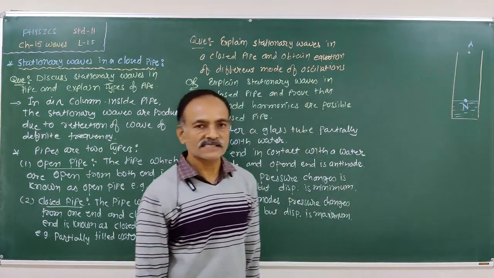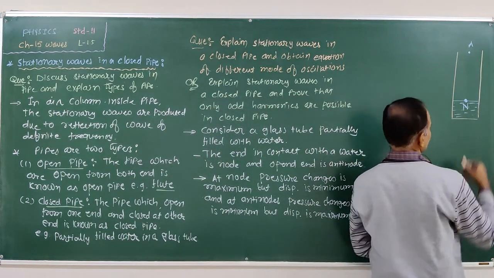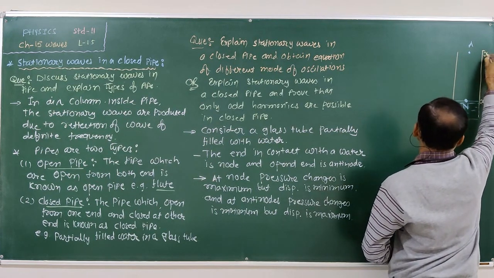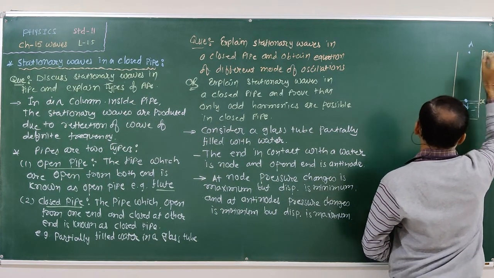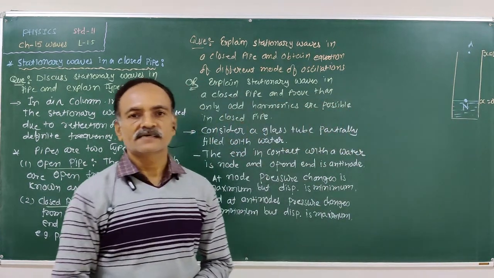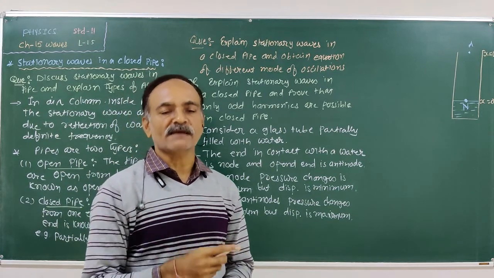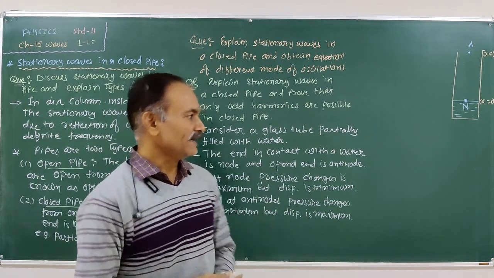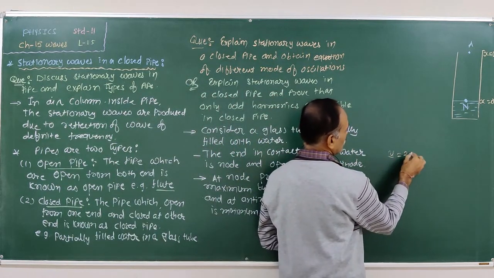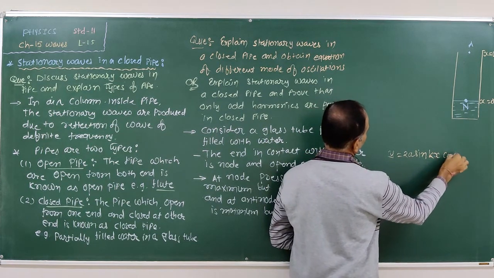Clear this? Okay. As we consider, this is x is equal to 0, and this end is x is equal to L. So in short, at x is equal to L distance, the displacement is maximum. That means the amplitude is maximum. In a stationary wave, the equation of the stationary wave is y is equal to 2a sin kx cos omega t.